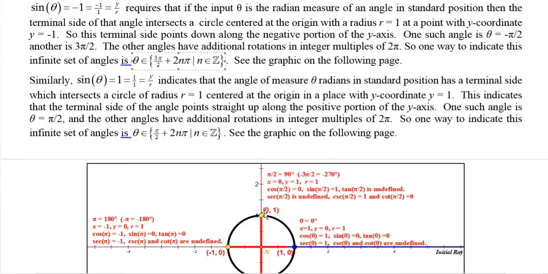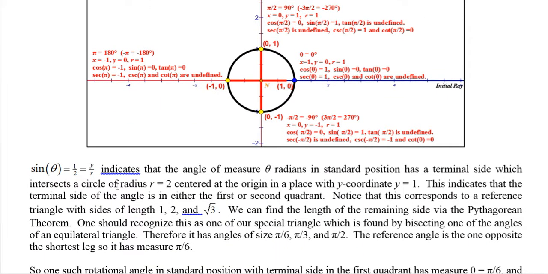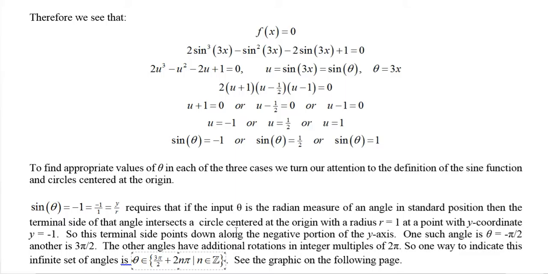And of course, any integer multiple of 2π we could add to that. So theta is an element of the set π/2 plus 2nπ, such that n is an integer. So again, one terminal side, infinitely many angles that will give you that terminal side. Any of these angles for theta will give us sine of theta is 1.